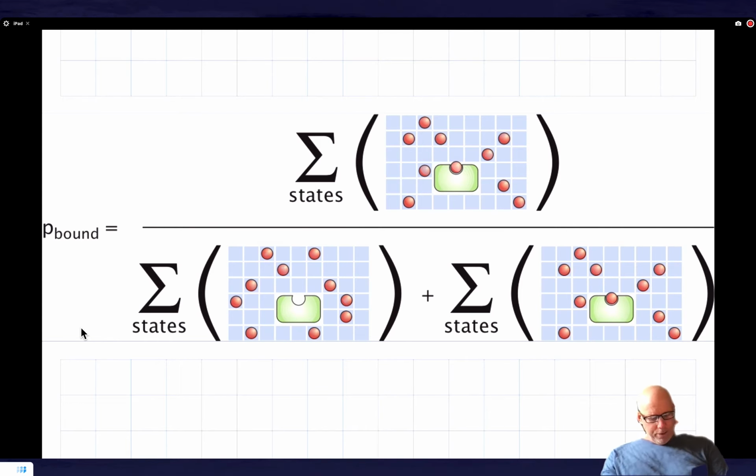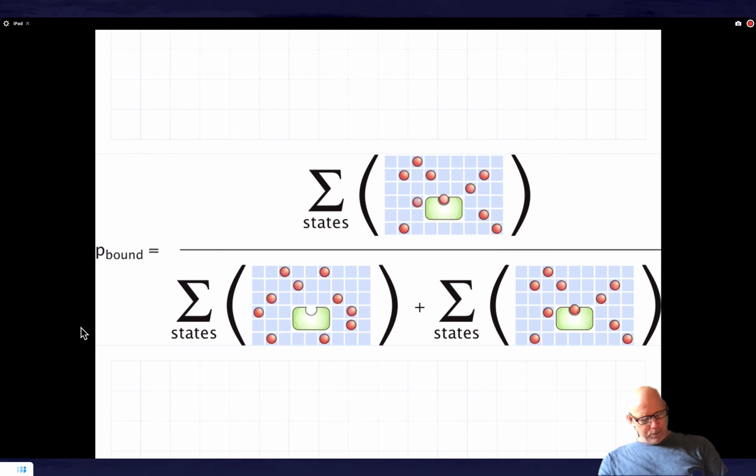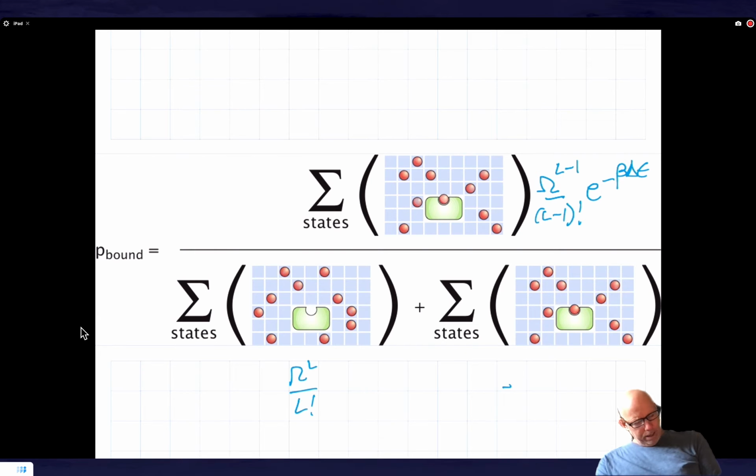So I sum over all the states where we're bound, which if you look at what I just wrote, you'll see that this was given by omega to the L minus 1 power over L minus 1 factorial, e to the minus beta delta epsilon is what I'm going to write here. This guy is omega to the L over L factorial. And then this one is omega to the L minus 1 over L minus 1 factorial, e to the minus beta delta epsilon.